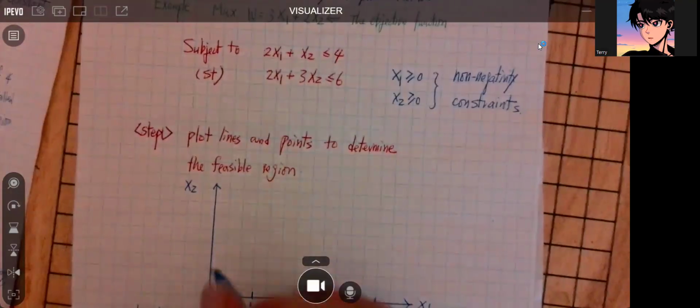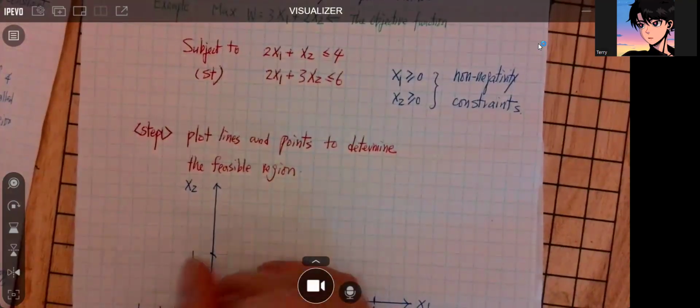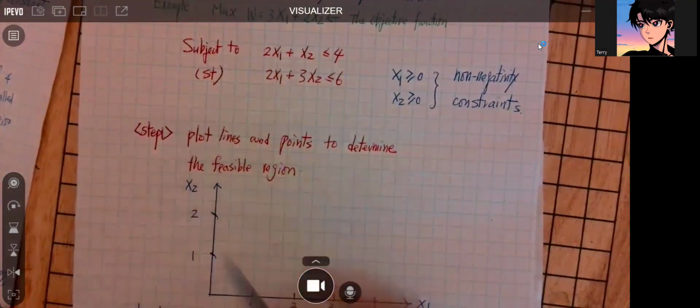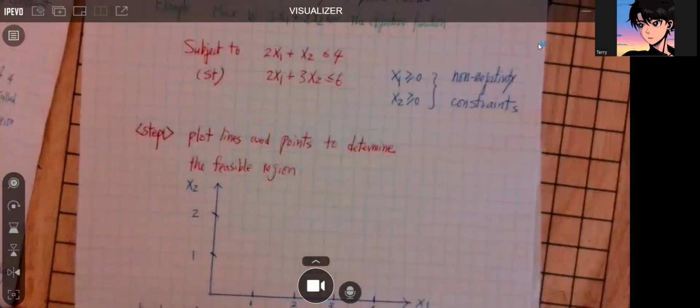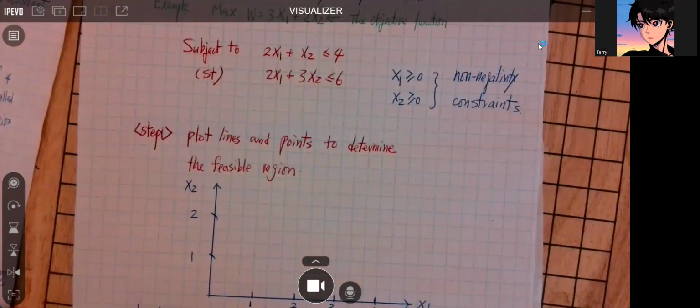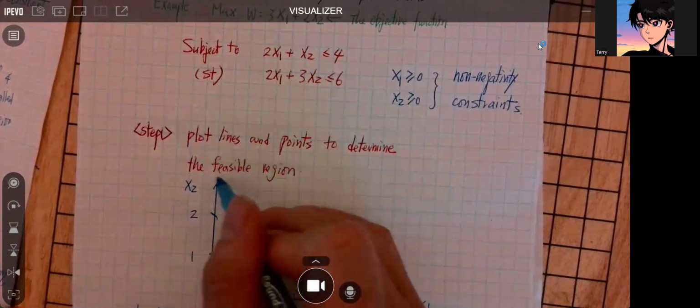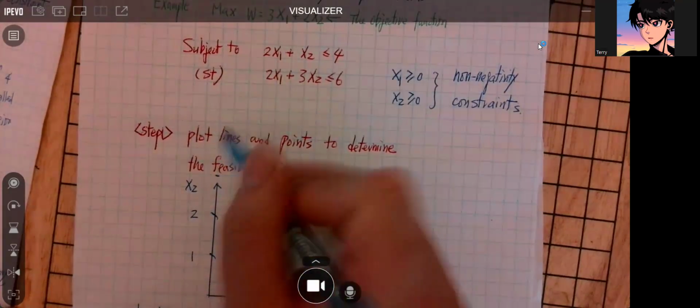Okay? So when x1 is 0, x2 is 4. This will be very high, about here.